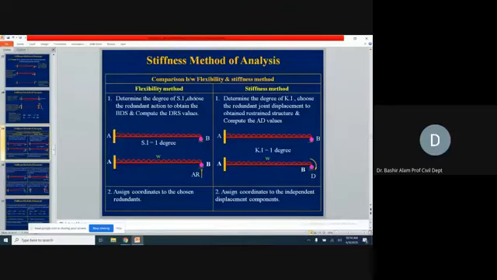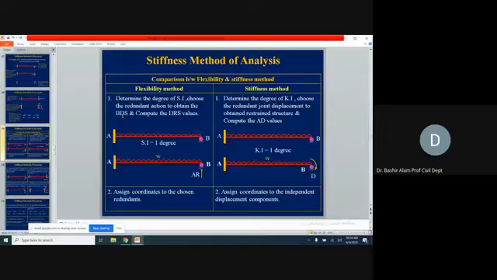In the flexibility method, we choose the redundant actions to obtain the basic determinate structure. And in the stiffness method, we choose the redundant joint displacements. Instead of redundant actions, we find the redundant joint displacements to obtain the restraint structure.